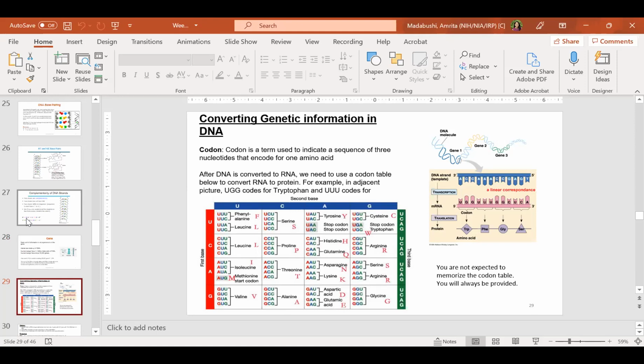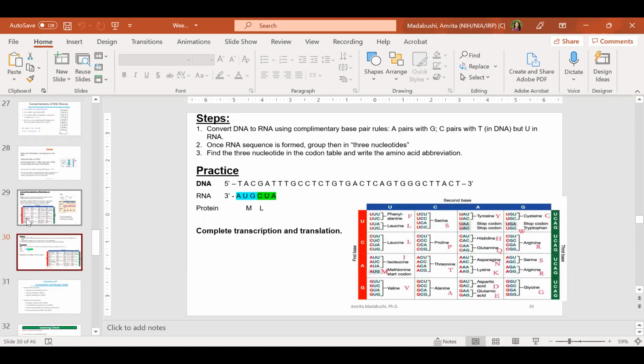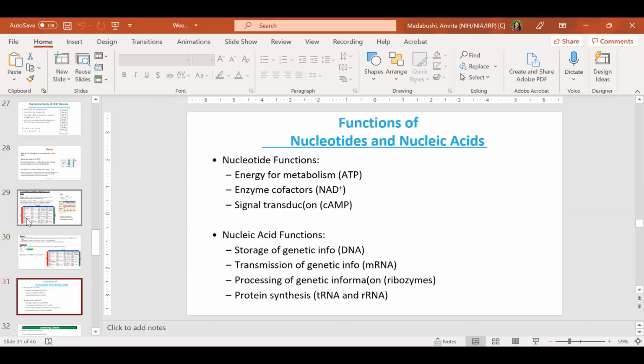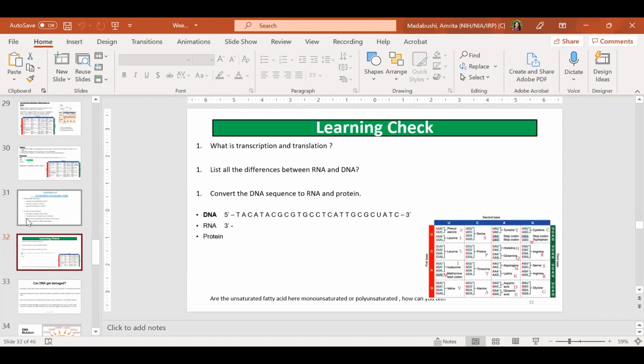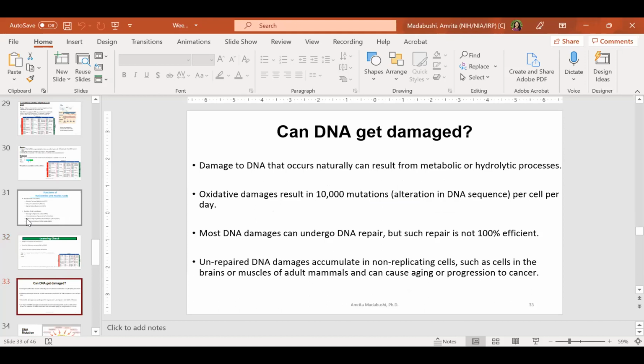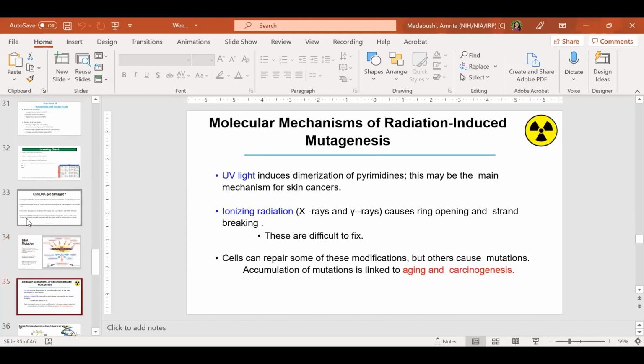If you're going to take a microbiology class, you might have already done this, or you will also be doing that in this class. So it will be beneficial to learn this. We will be talking about translation, followed by some of the functions. And then the rest of the slides, which are more general, will be dedicated to what happens when DNA gets damaged.